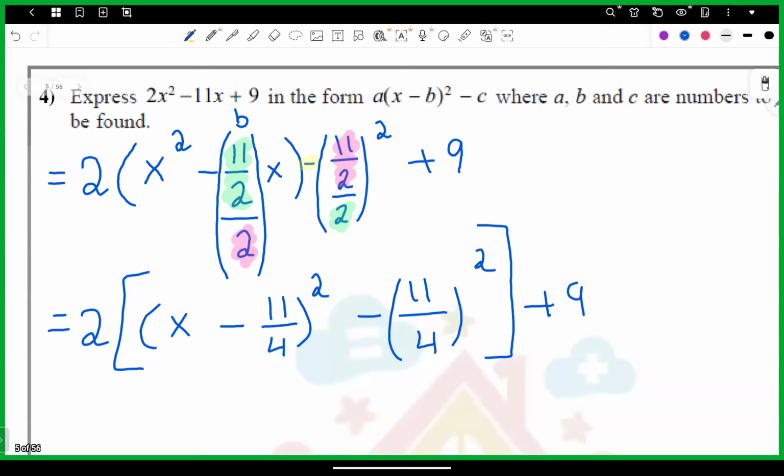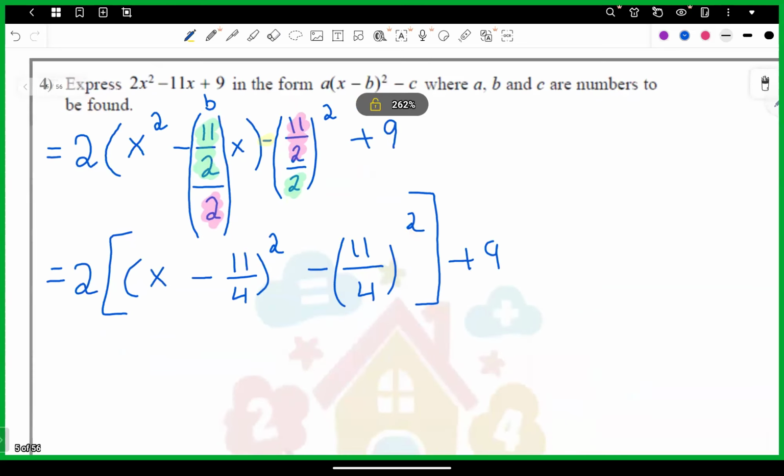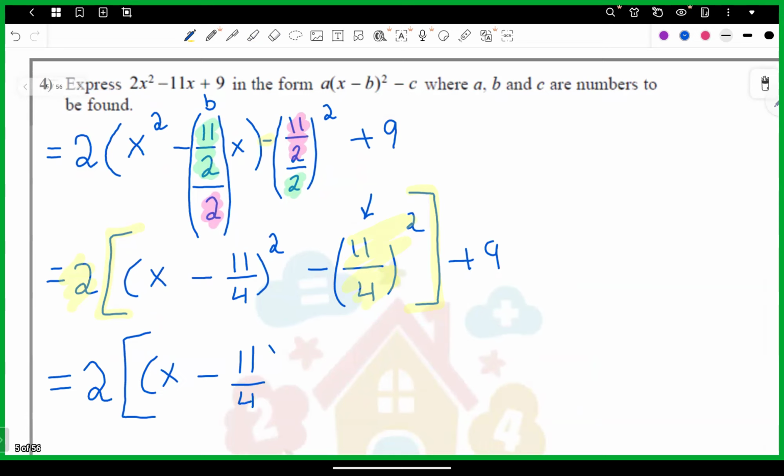Close the big bracket. Don't forget that when you are doing this one, you have to multiply this one by 2 to cancel this big bracket. So bring down number 2 and then answer this first. The small bracket x minus 11 over 4 squared minus 121 over 16, close this, plus 9.